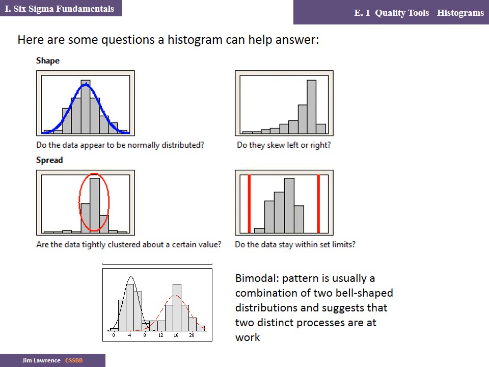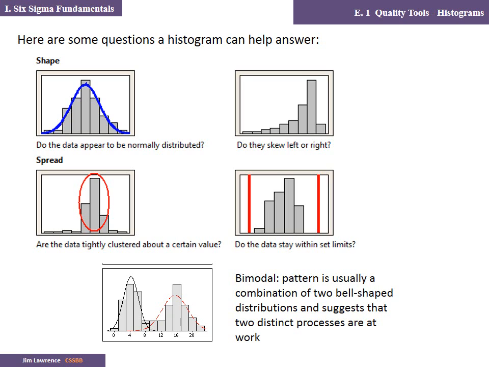Here are some of the questions a histogram can help answer. First of all, it helps us determine normality. Now, there are many statistical tests out there that will test data for normality, but it's hard to beat visually looking at your data to make judgments about normality. It gives you an idea whether the data, if it's not normal, is skewed to the left or right.